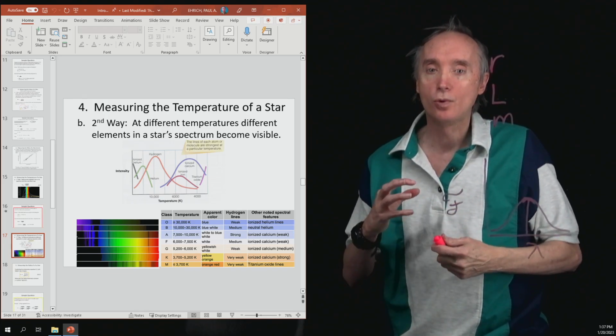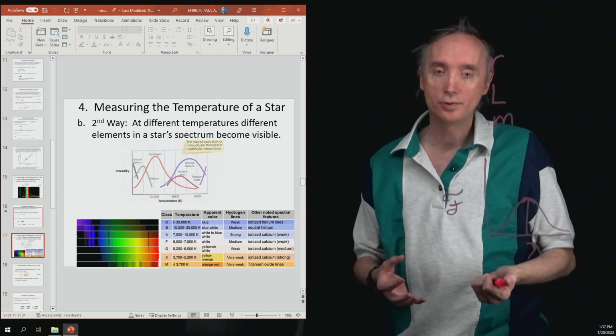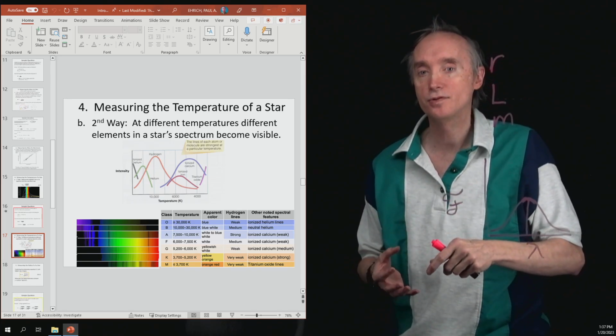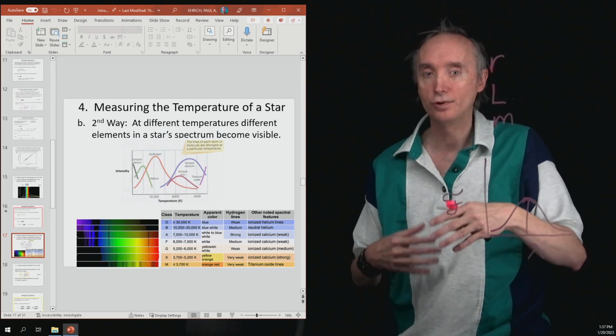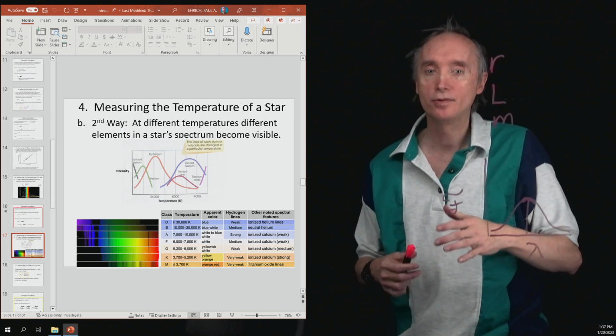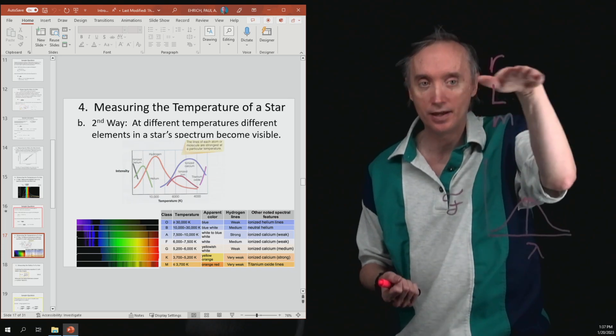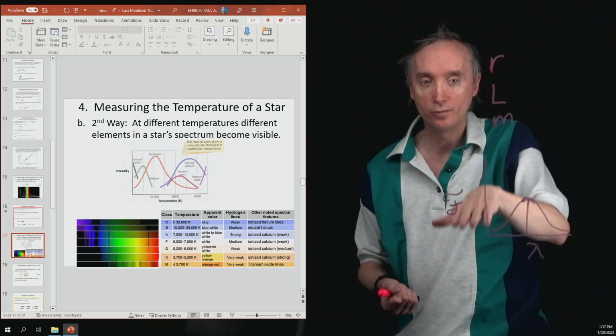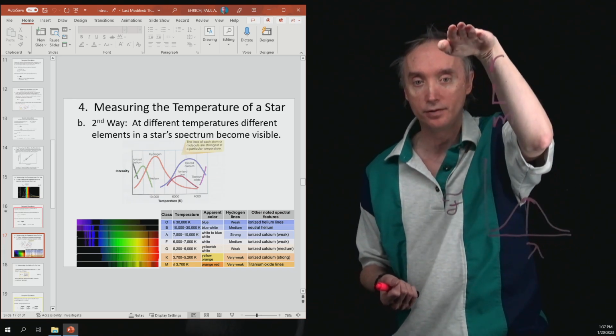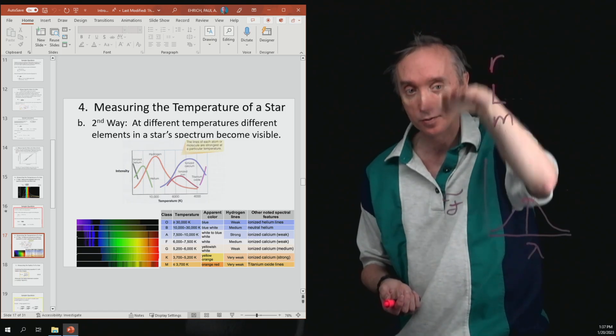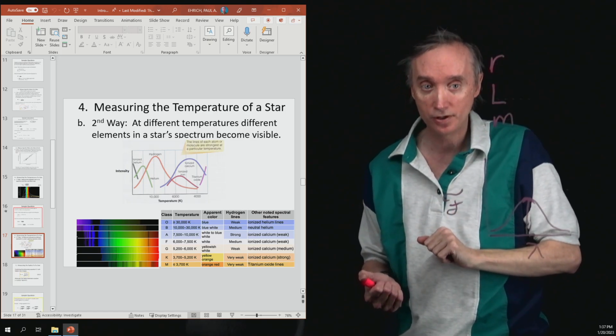And so what it meant was that at certain temperatures, certain elements would begin to react. So do you remember that an atom has electrons and they're on different energy levels? And when the electron jumps up, it absorbs energy, and when it comes back down, it emits energy.